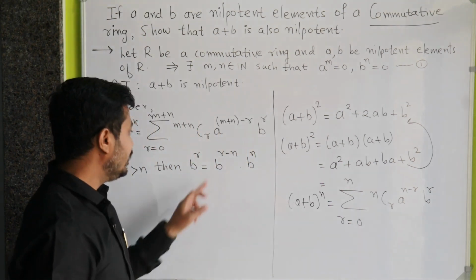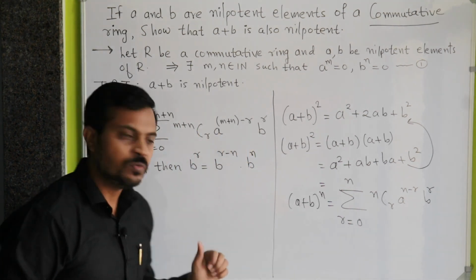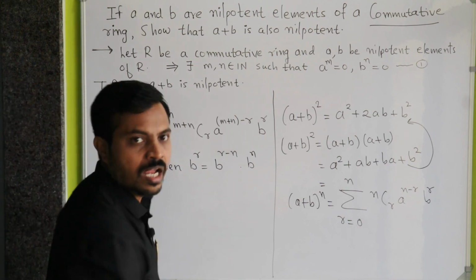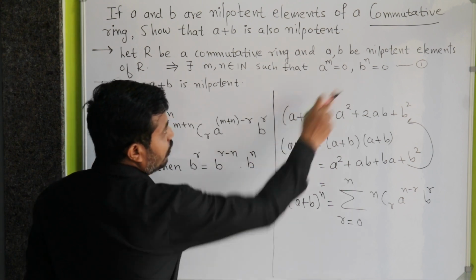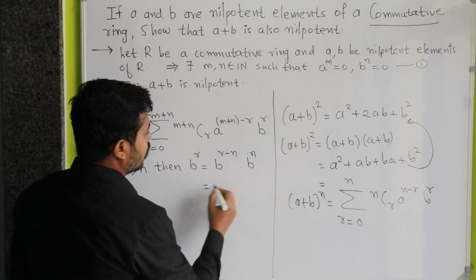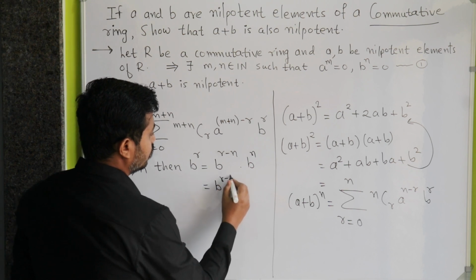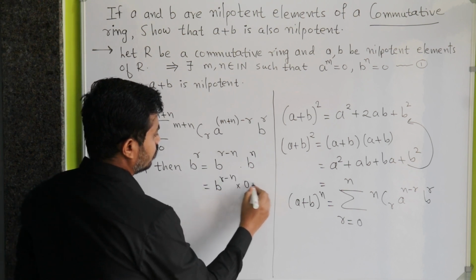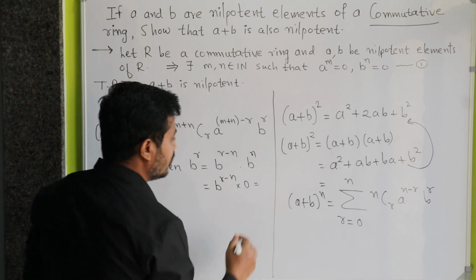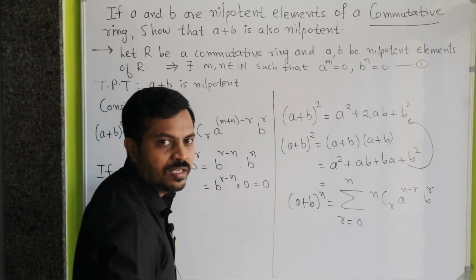And what is the guarantee that the power of b is positive here? Since r is greater than n. Now we already know the value of b raised to n, so this is actually equal to b raised to r minus n multiplied by 0, which is equal to 0.